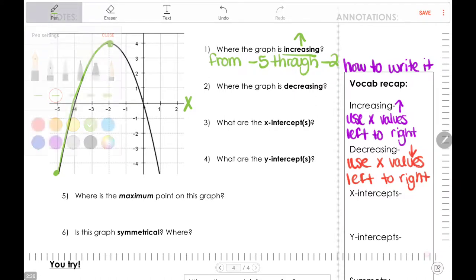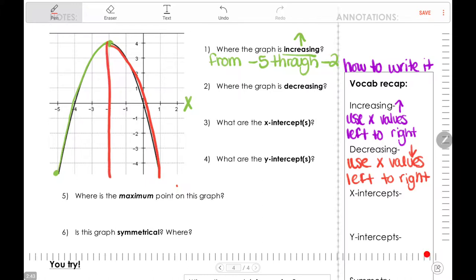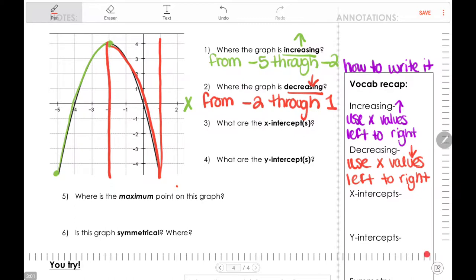Okay. So now where is the graph decreasing? The graph is decreasing on this other side. And again, when I do this, I'm using my x values. So I'm looking here to where it stops, which is here. So it's decreasing or going down from -2 through +1.